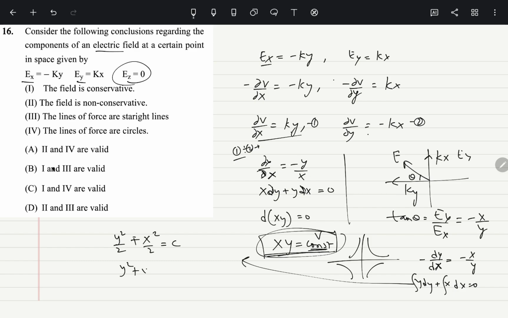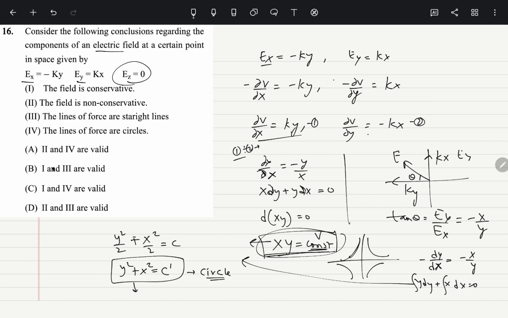So y square plus x square equal to c dash. Now this is the equation of a circle, right? So when we talk about the electric field lines, they will be circles. When we talk about the equipotential surface, it will be hyperbolic. So I solved both the cases, the equipotential surface and the electric field lines.